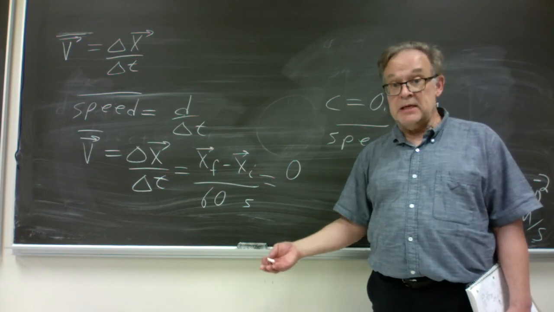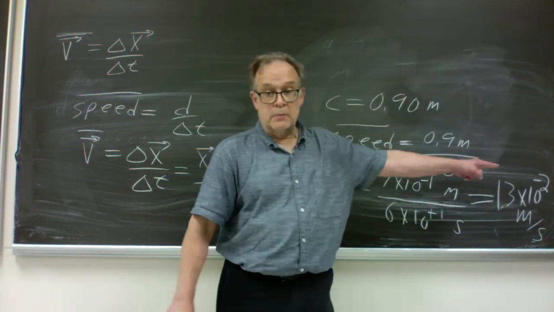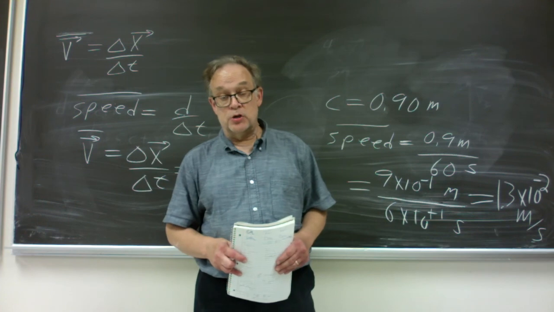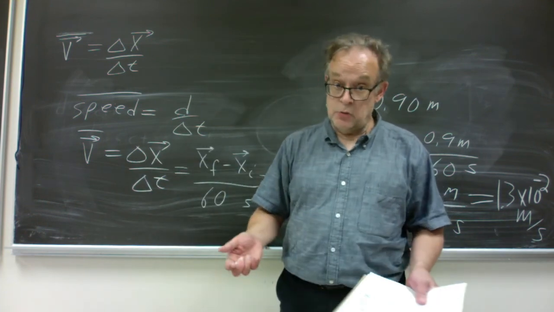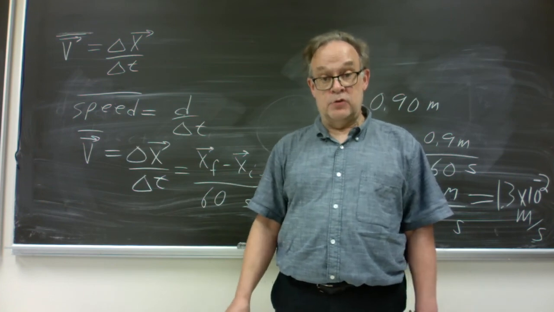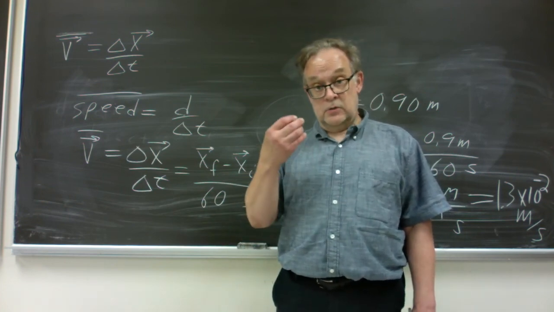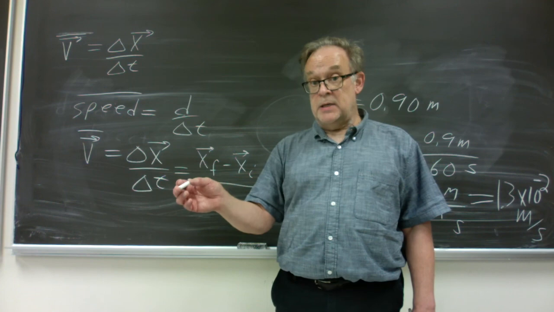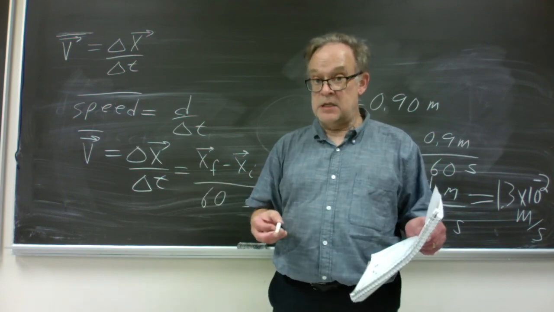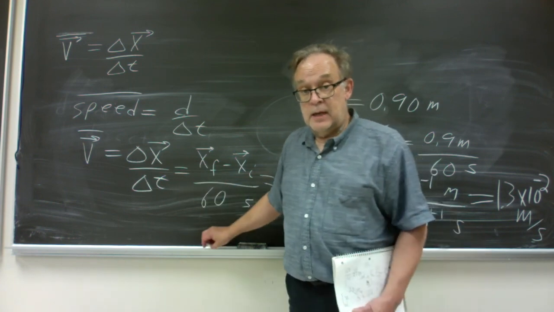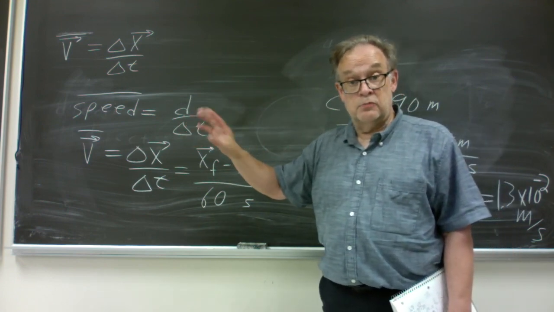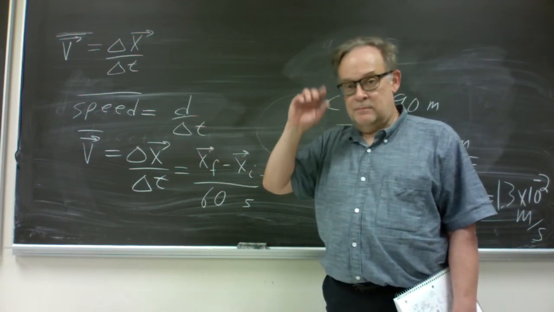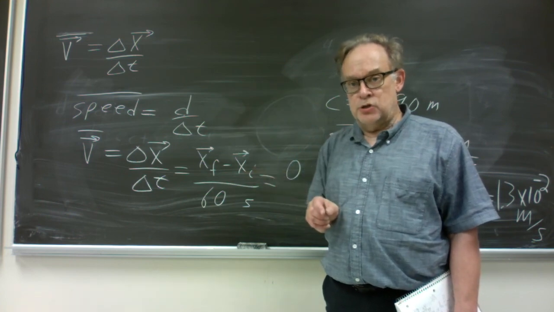There was speed, that number there, 1.3 times 10 to the minus 2 meters per second. There was an average speed, but there was 0 average velocity. Average velocity, average speed measure two somewhat different things. And when we get to talking about the other kind of velocity and speed, we'll see the same thing. They too will measure somewhat different things.